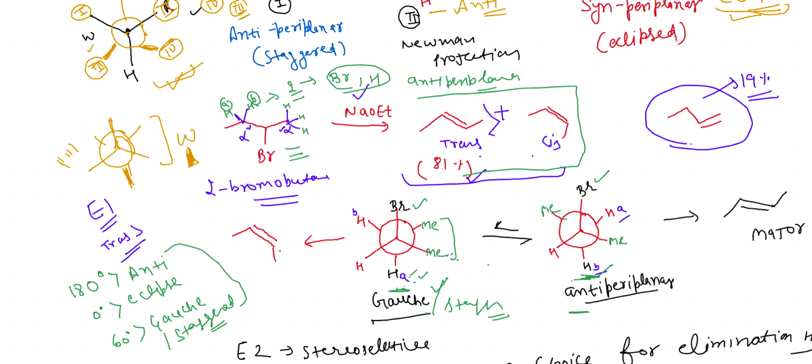So the anti form is more stable than the gauche form because there is less steric hindrance in the anti form. That's why it led to the formation of a major product, that is trans. Simultaneously, it is also providing a product known as the cis product, but it is found in a minor amount as compared to trans, because of the lower stability of this gauche conformation.